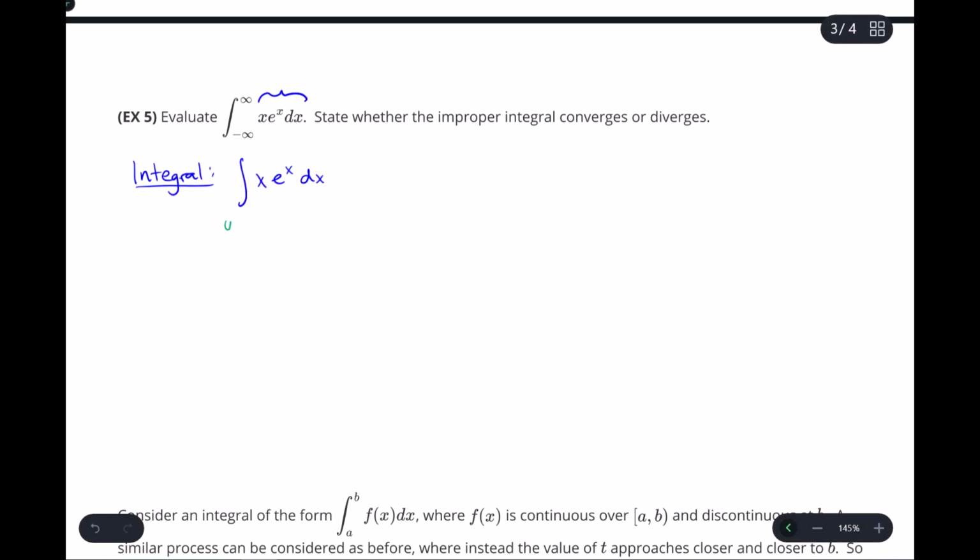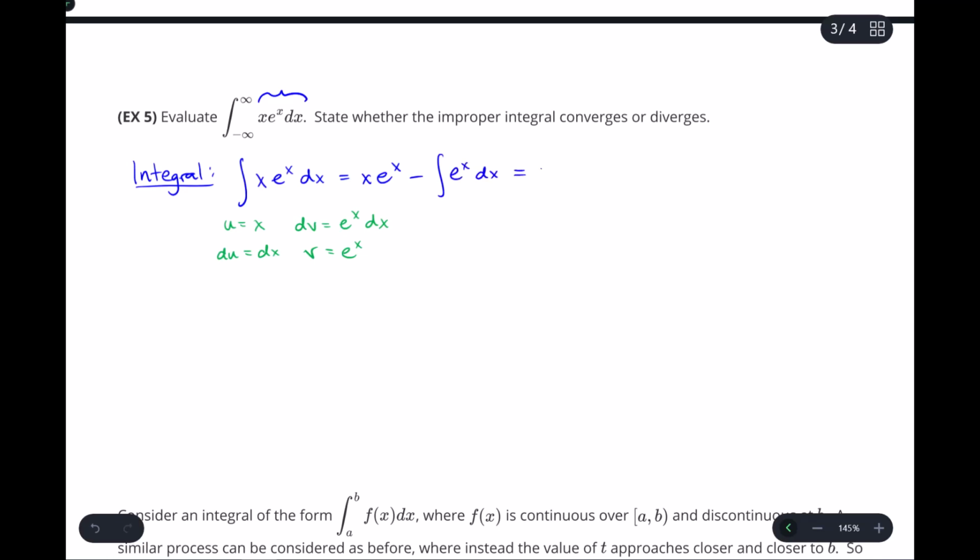For integration by parts, I choose something to be the value of u, and if you'll recall the ILATE, so inverse trig, logarithmic, algebraic, so that means I should choose x here for u, leaving dv to be e to the x dx. The derivative of u is just dx, and the integral of v gives me just e to the x. Okay, so this is equal to u times v minus the integral of v du.